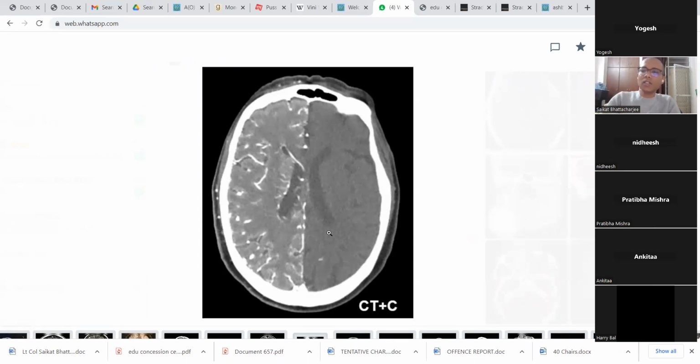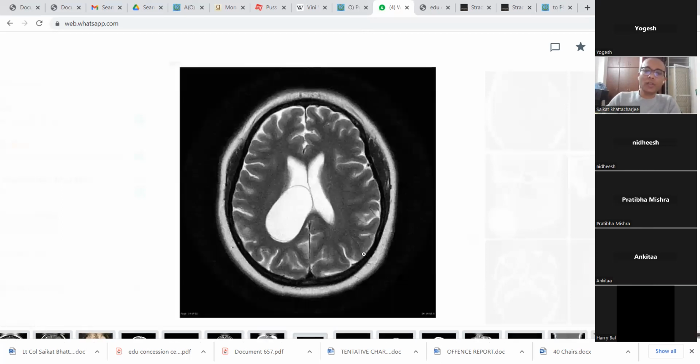So left ICA dissection is the best bet, and it might be a fetal PCA on the left. You do not see any vessel on the left side.